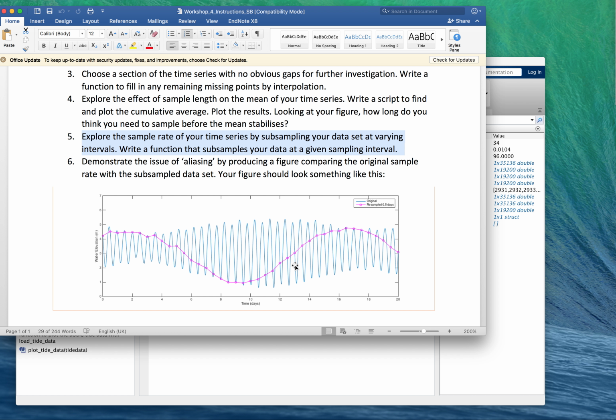And one of the issues that can occur is that we get this problem of aliasing.